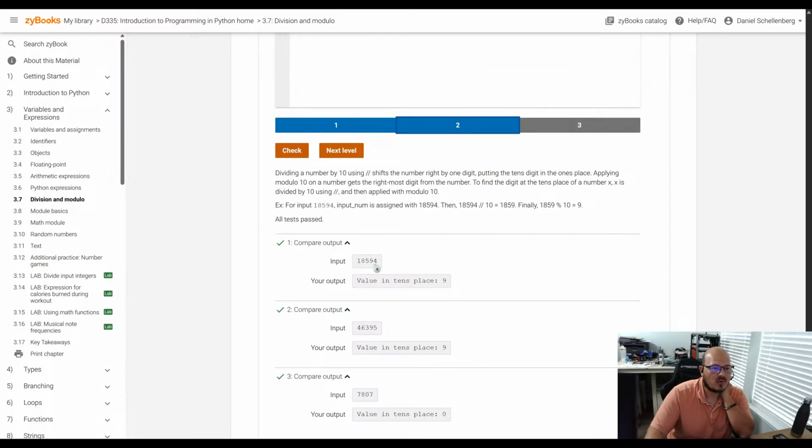So it's interesting because here it says that dividing a number by 10 using floor division shifts the number right by 1 digit, putting the tens digit in the ones place. So that's interesting that it says it that way, because the one place is here.